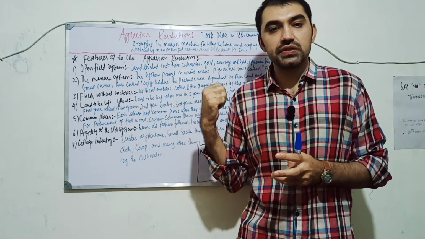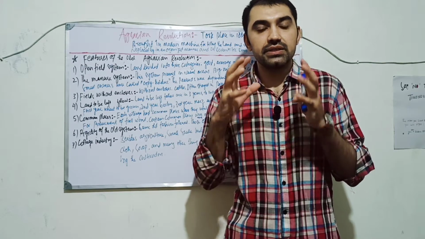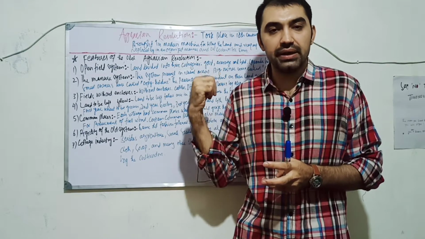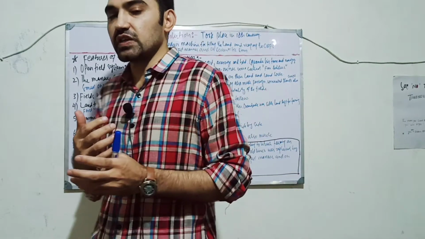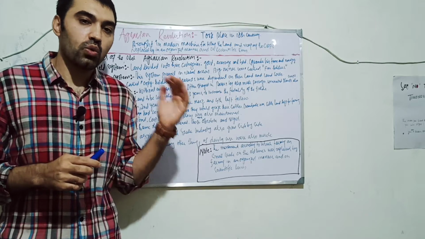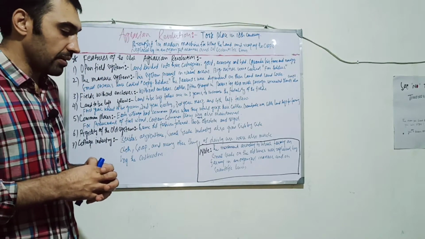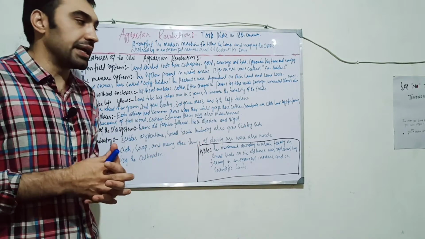The copyholders, or small landowners, were at the disposal of these freeholders or big landlords, and those landlords and feudal lords would often inflict various obstructions on their activities while cultivating their lands.